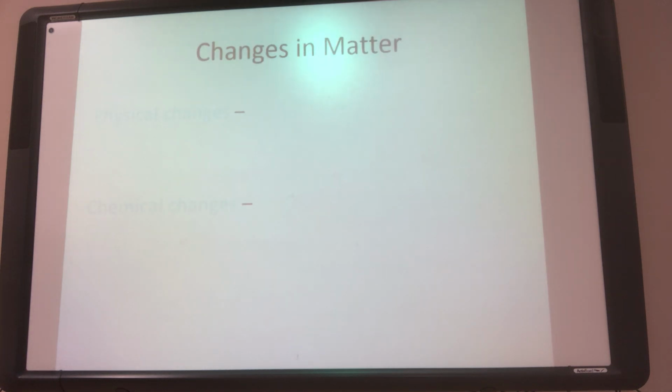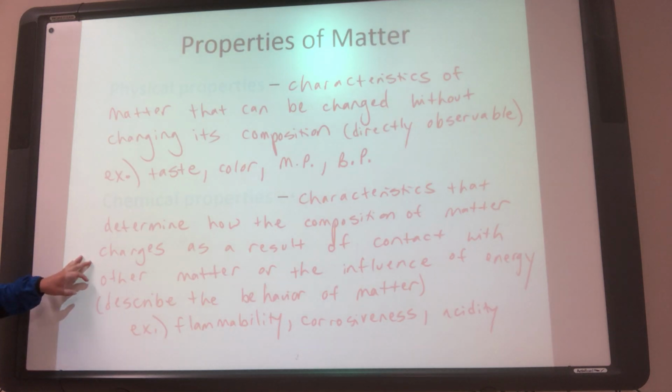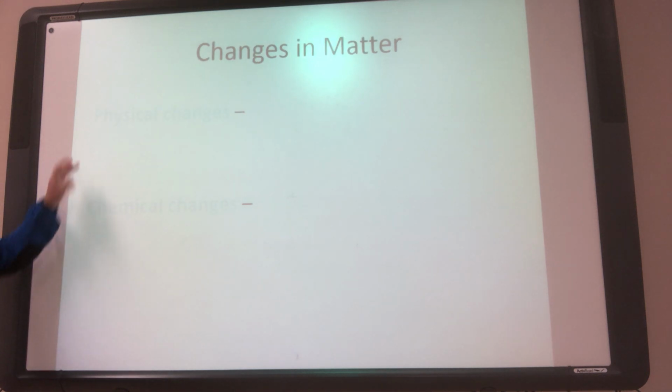All right, now let's look at changes. So these were properties. Now we're going to look at changes, also physical and chemical. So physical and chemical changes. So changes are going to be kind of more like verbs, what's actually happening.